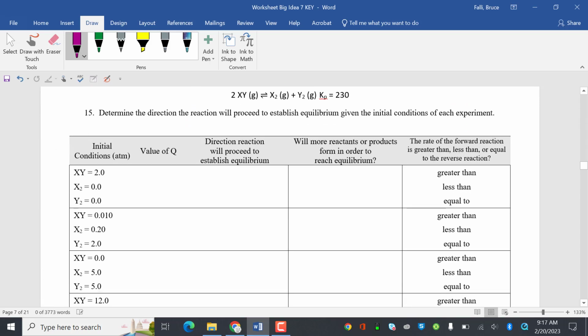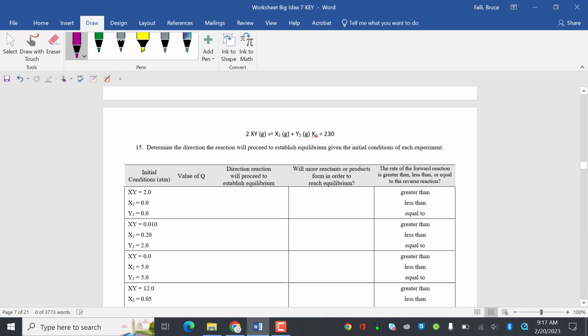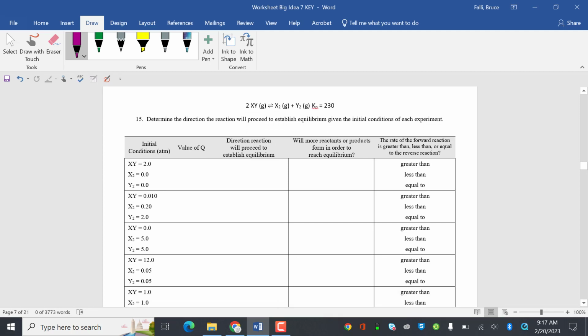All right. Determine the direction the reaction will proceed to establish equilibrium given the initial concentrations of each experiment. Okay, so the value of Q. So I'm going to write my Q expression right here. Q equals X, Y over XY squared.